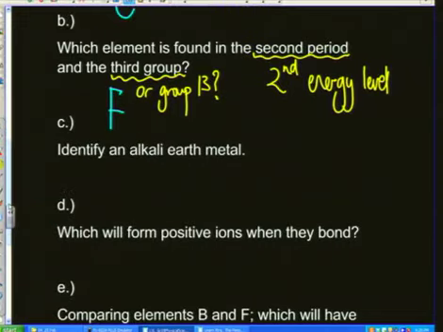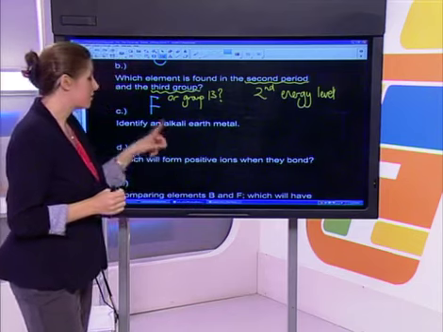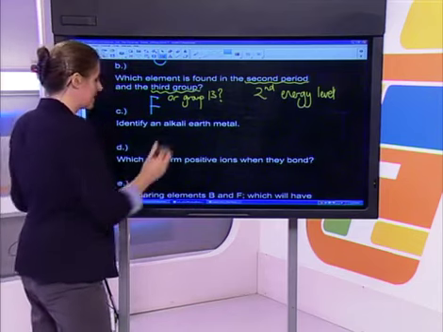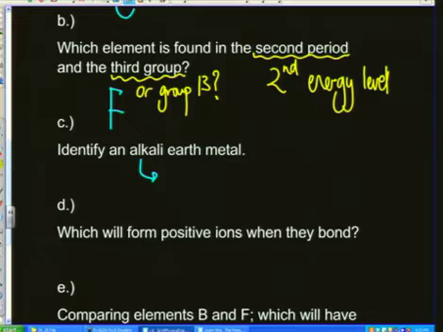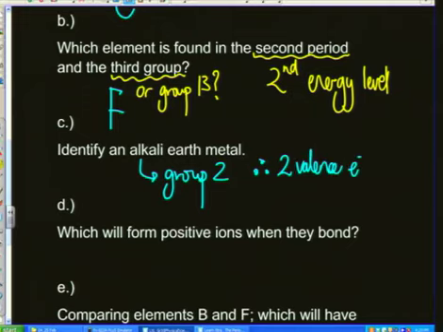Identify an alkali earth metal. Now, alkali earth metals, you need to know the names of a few of these groups. So group 1 is the alkali metals. Group 2 are the alkali earth metals. So here we have, this must be in group 2, which means, therefore, that it must have 2 valence electrons, or outermost electrons.